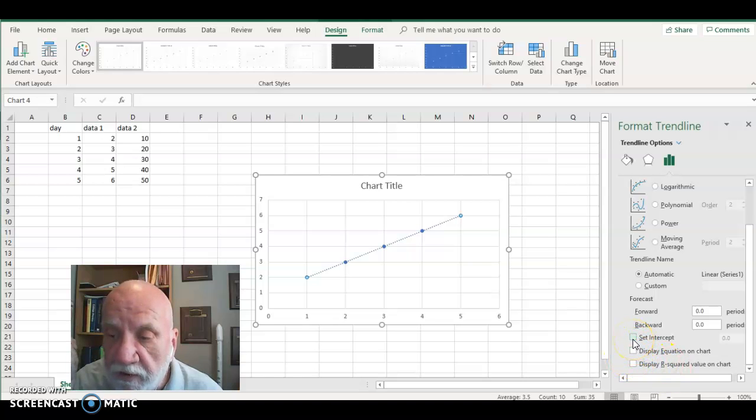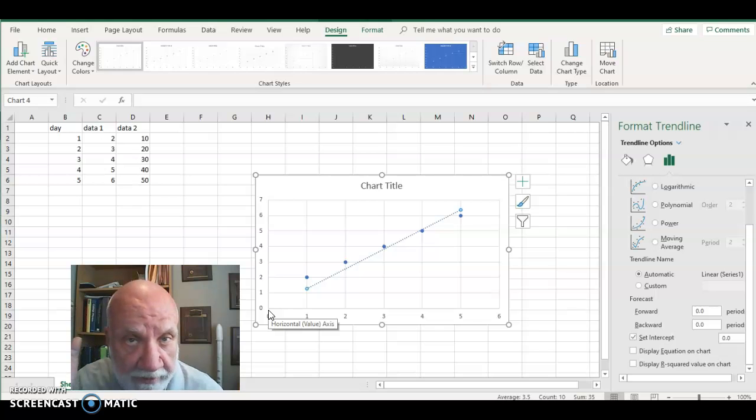If you set the intercept, all that means is it's going to force this line to go through 0. Now the reason in our data where they asked us to do that was because when you plant the seeds on day 0, there's no height to it. So all the data the trend line analysis is using is what's available to it.